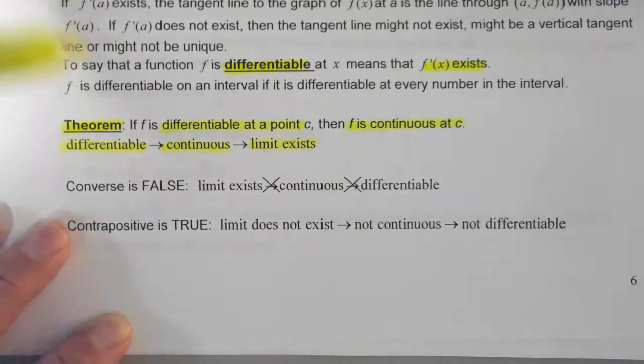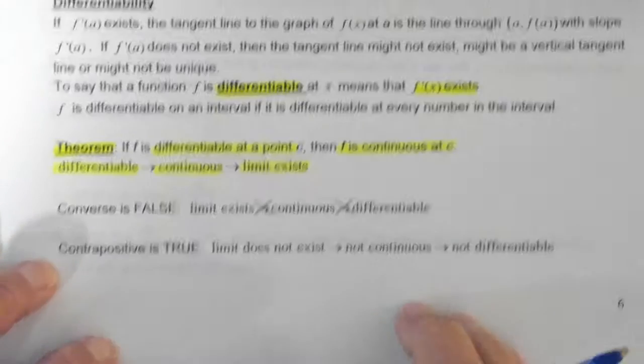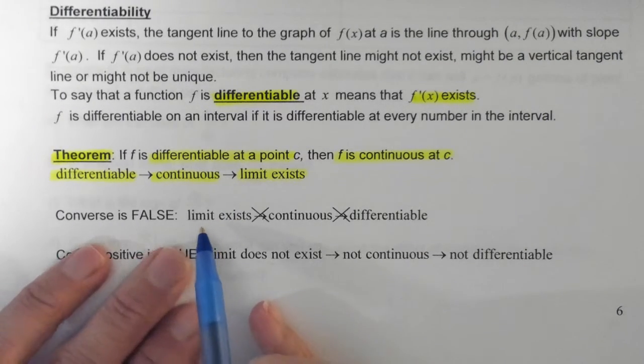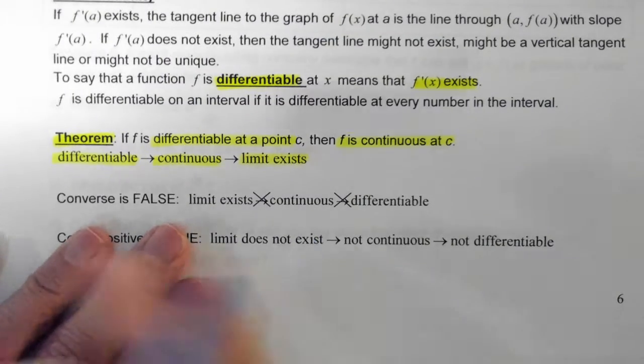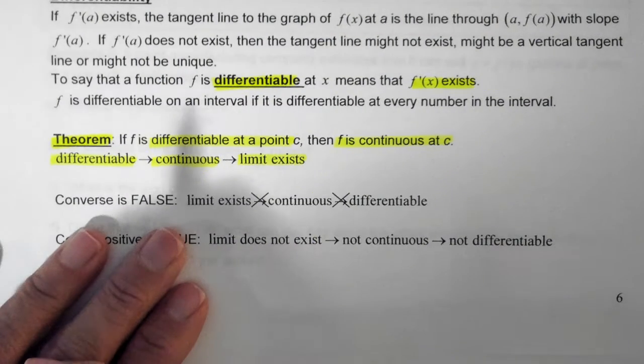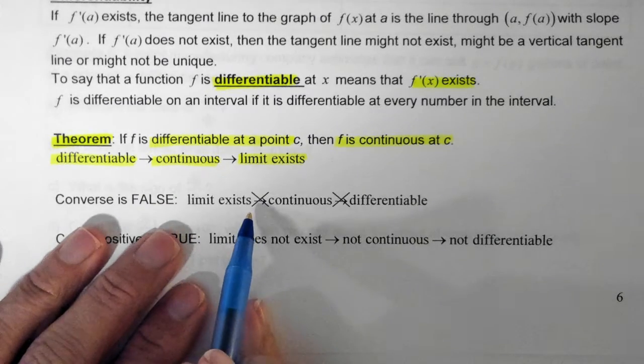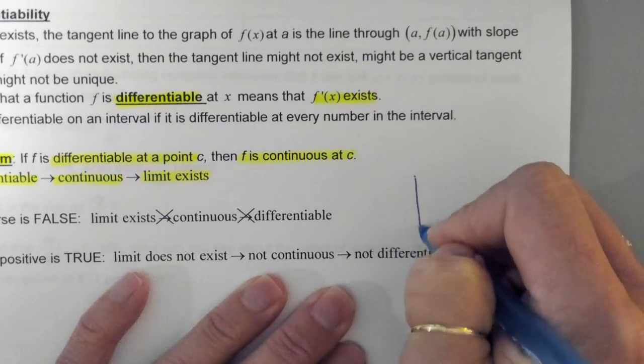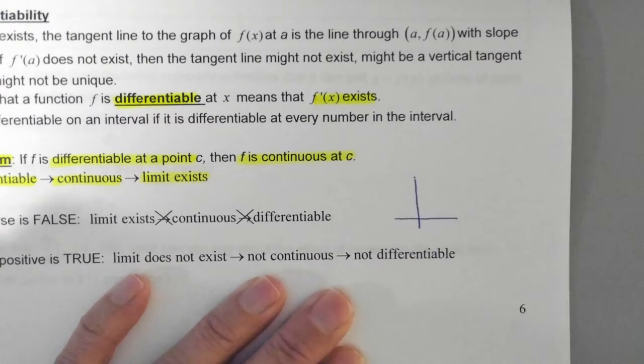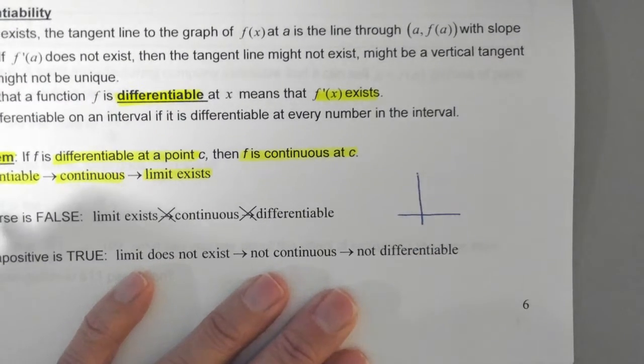Now, can I say that if the limit exists, then the function is continuous? Is that always true? Do you understand why? Let's say I have a graph like this. What's a scenario in which the limit would exist, but the function's not continuous?